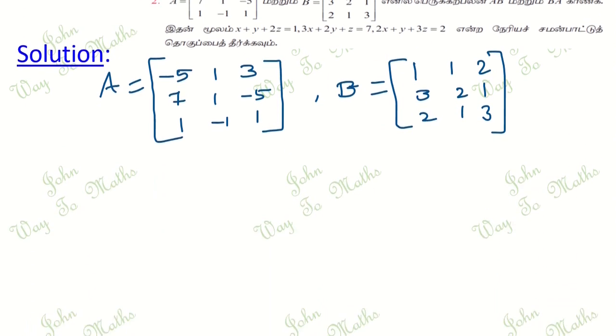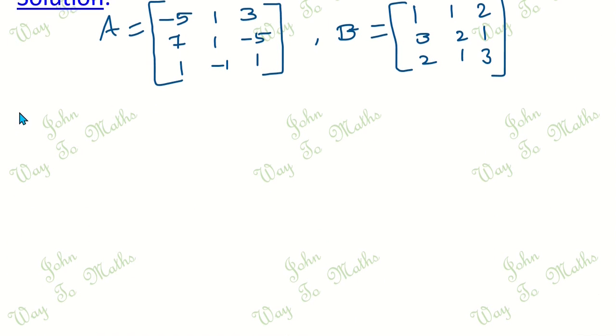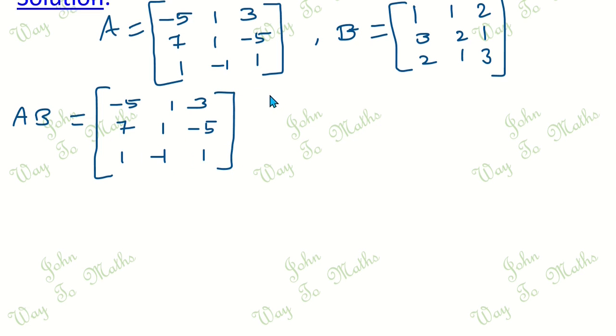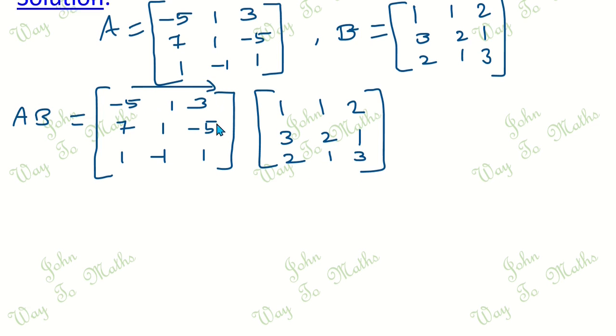So the AB matrix is equal to A matrix, [[-5, 1, 3], [7, 1, -5], [1, -1, 1]], into B matrix, [[1, 1, 2], [3, 2, 1], [2, 1, 3]]. So first I'm going to multiply the first matrix's rows by the second matrix's columns.